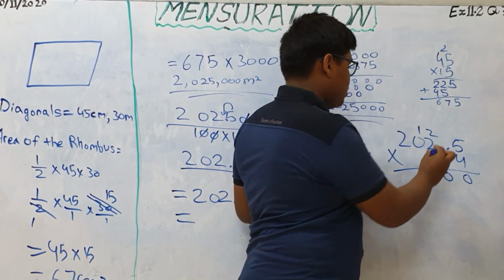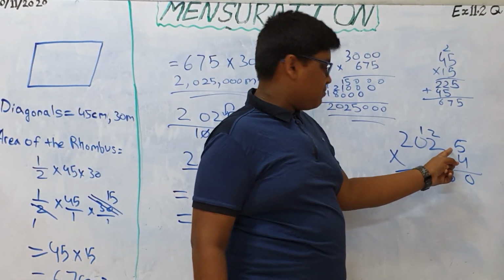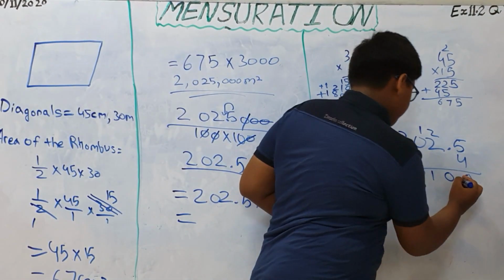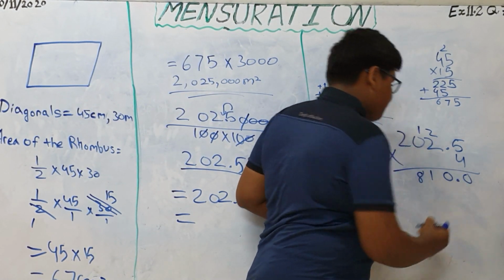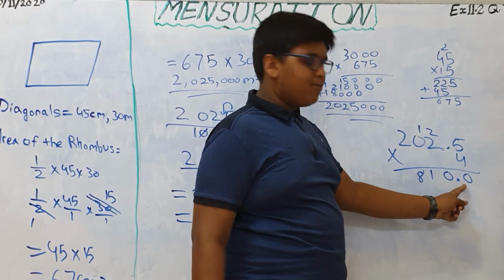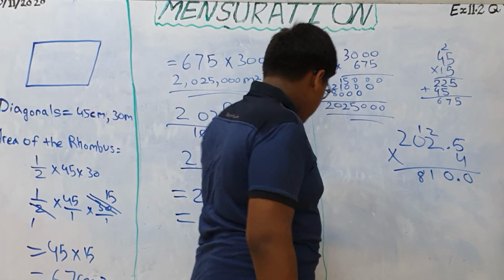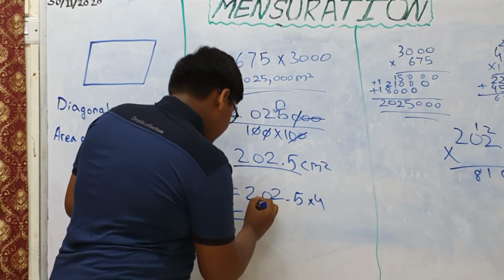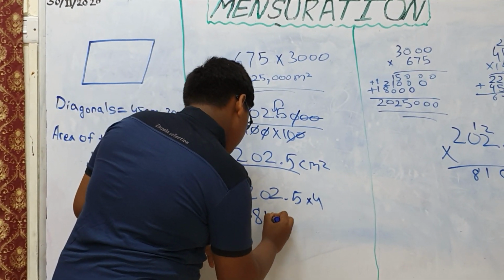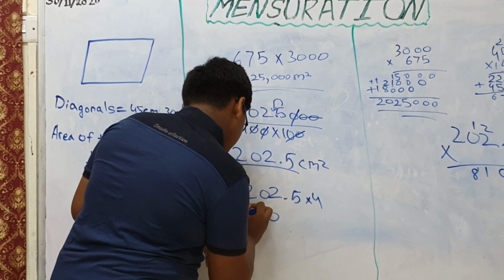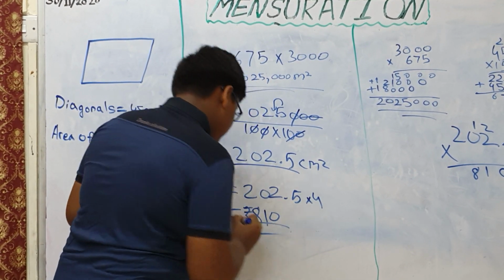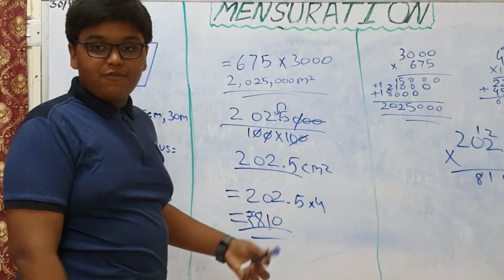Now the decimal point is here, after one place, so we'll put the decimal point here, which is equal to 810 rupees. So this is the final answer for the rupees.